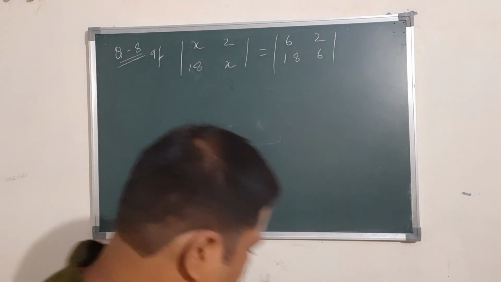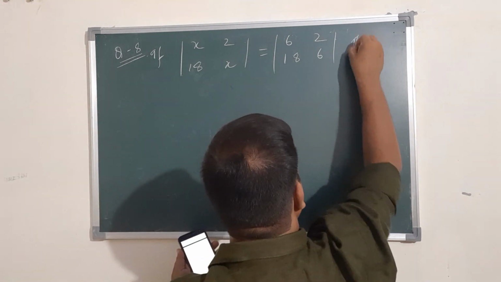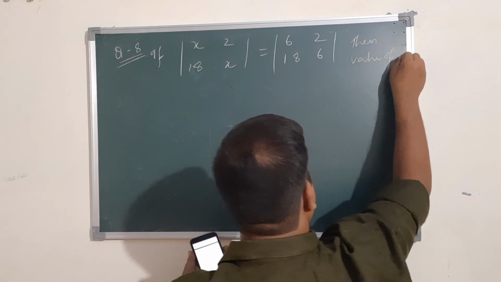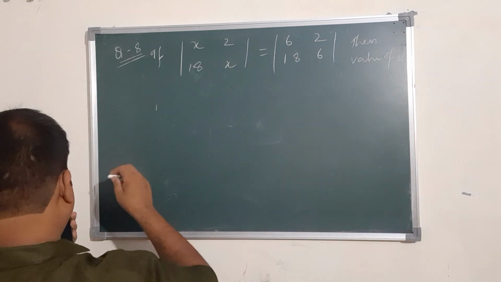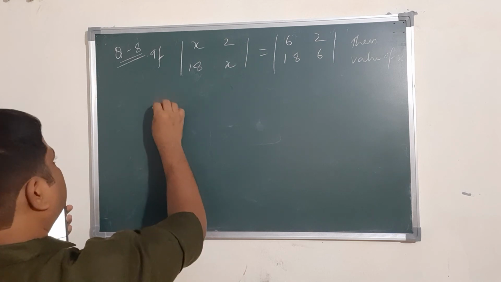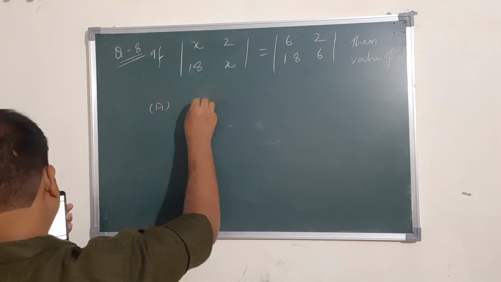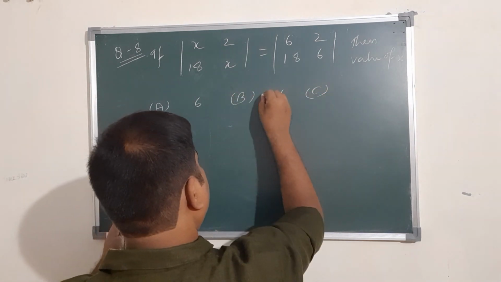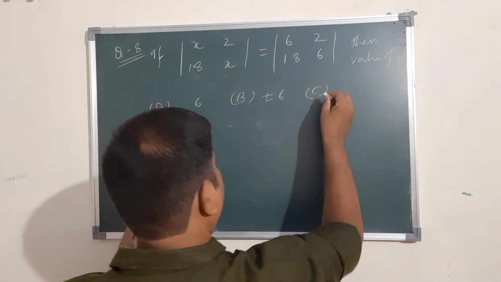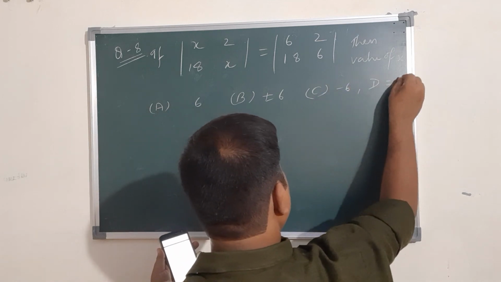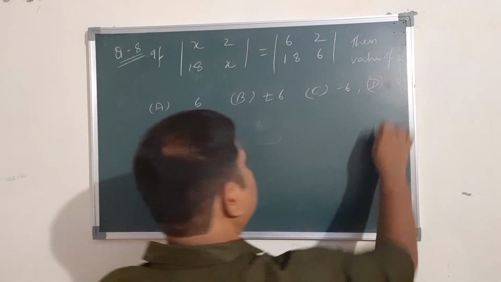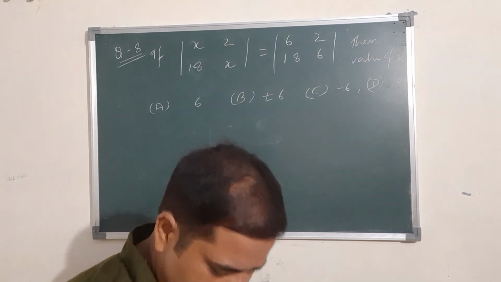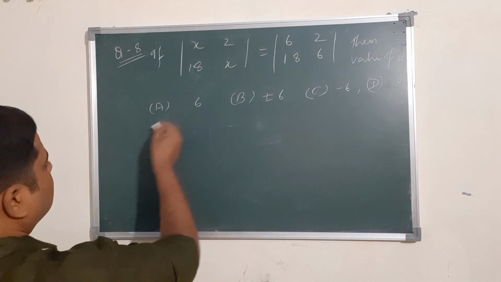What is the value of x? Options are given here. First, A is 6, B is plus minus 6, C is minus 6, and D is 0. So there are 4 options. So we can solve it and get the answer.